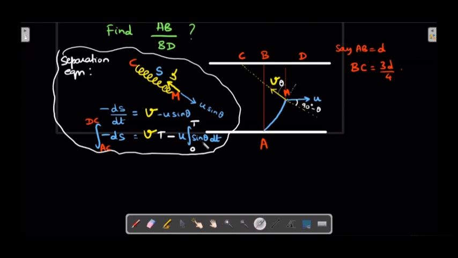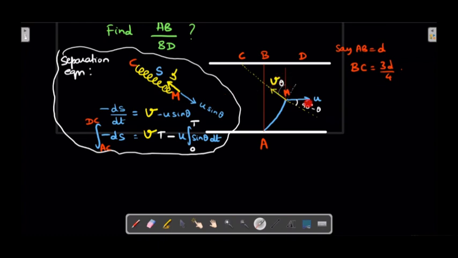The problem with this equation for separation, just like the Tom and Jerry problem, is us not being able to solve for this sine theta dt. We are not able to solve for this. So you should look for either x direction motion or y direction motion where this sine theta figures. If you go in y direction motion, it is v cos theta. So that's not the equation that you should write.